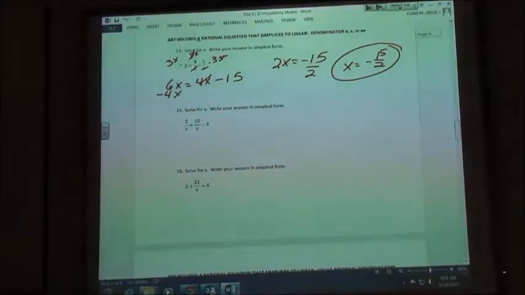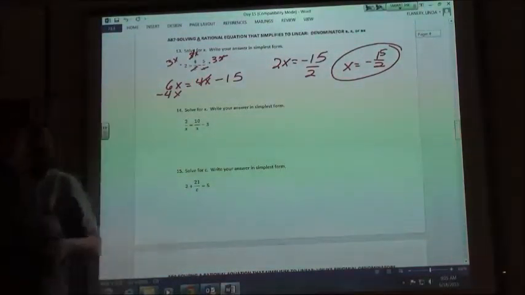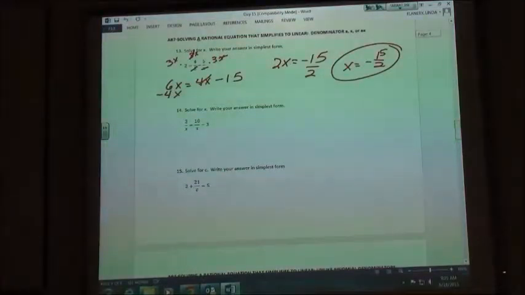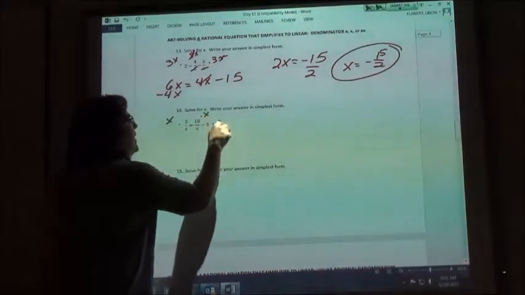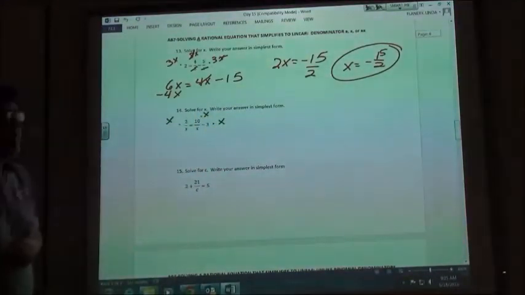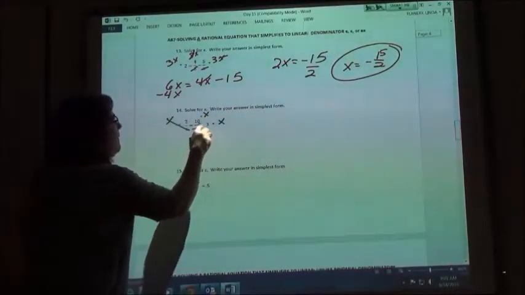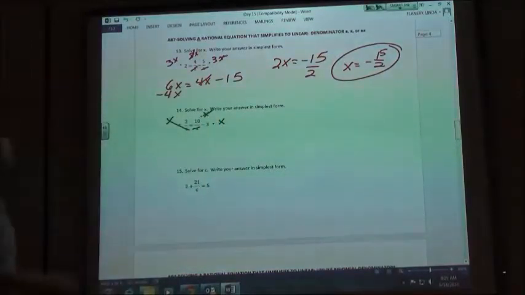So number 14, if I'm going to multiply by my common denominator, I'm going to multiply by x. Since they're the same thing, I don't have to multiply by x squared. I can just multiply by a plain x, just like if they were both 2's. And so if I multiply by x, I'm then going to have 2 equals 10 minus 3x.